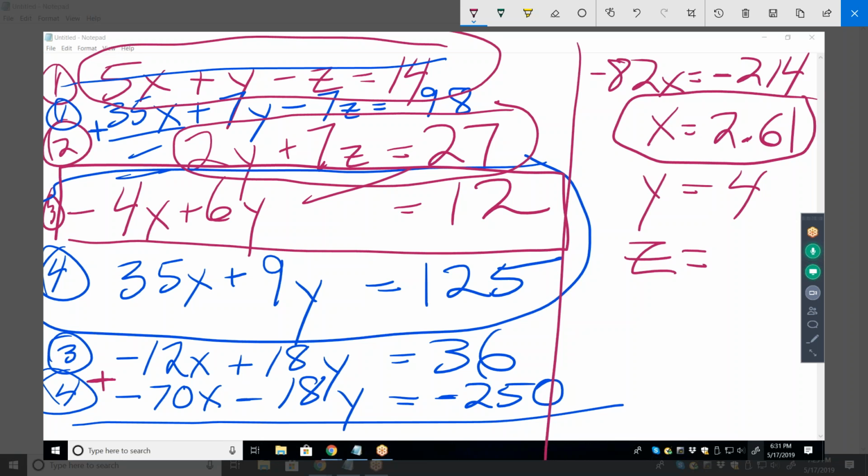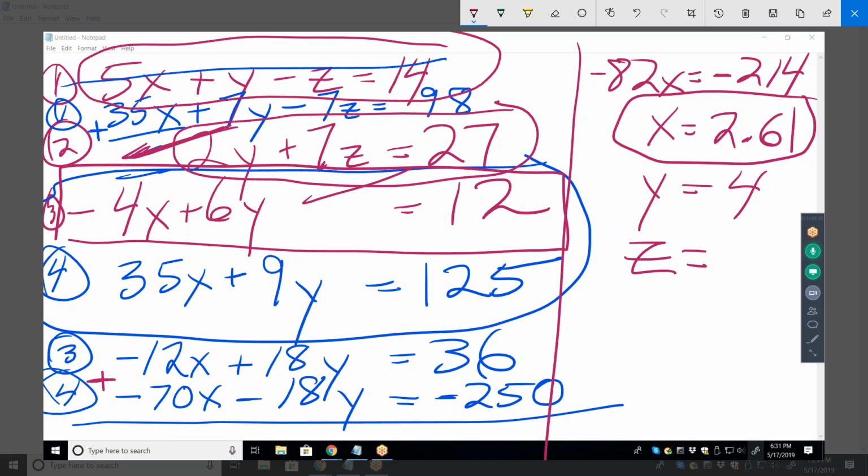So you always do the simplest thing you can do. And it's simpler to plug in our y value into the red 2 equation than it is to plug in both x and y into the red 1 equation. So we're doing the easiest thing. We're going to use this equation right here.